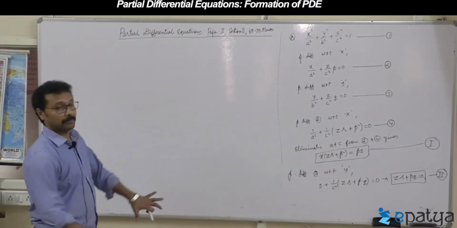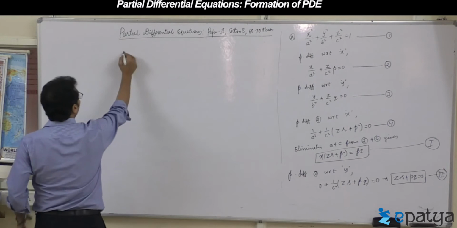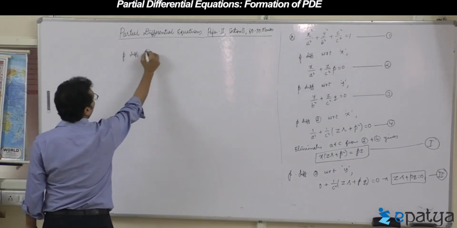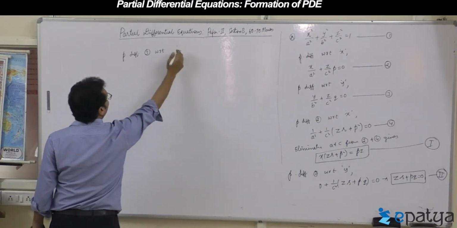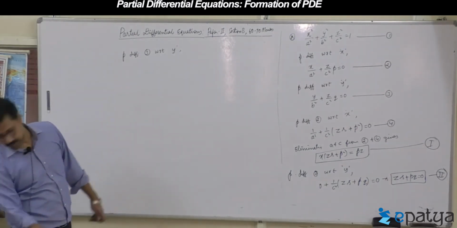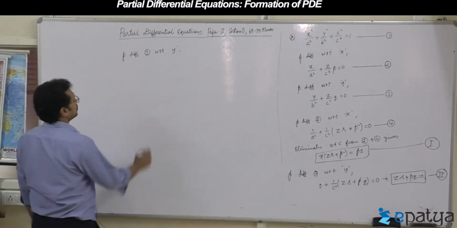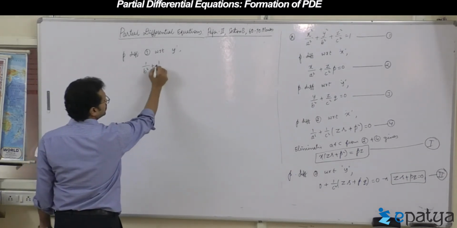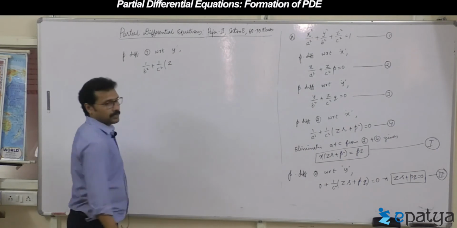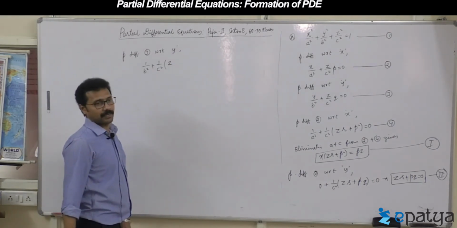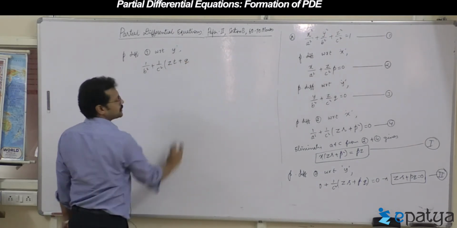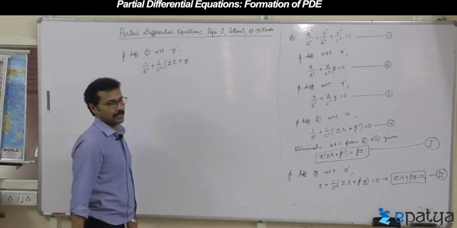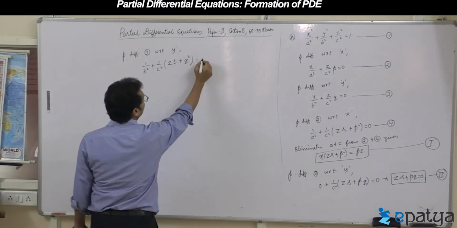Okay, one more way is there. Partially differentiating 3 with respect to y gives 1 by b square plus 1 by c square into z into t plus q into q, that is q square, equal to 0.